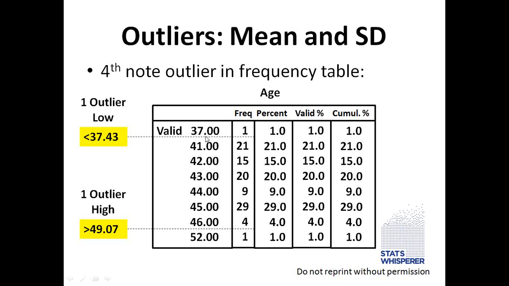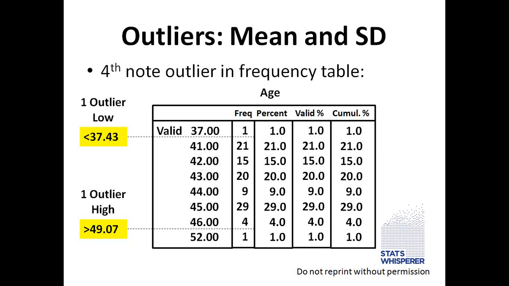And they're under 37.43. They're 37. And then we go to the other side, and our high cutoff was greater than 49.07. So here's that break right here, 46, and then there's no one that's 49, but there's one person over 49. They're 52 years old. So we have one outlier high and one outlier low.